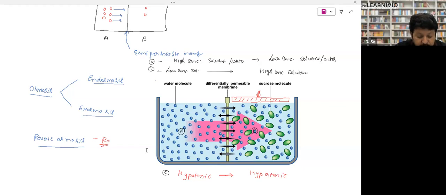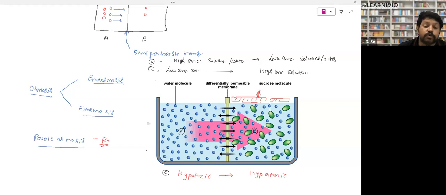Next point. The movement of water molecules takes place from its higher chemical potential. Now, what is the chemical potential? Look, here the molecules have high kinetic energy.